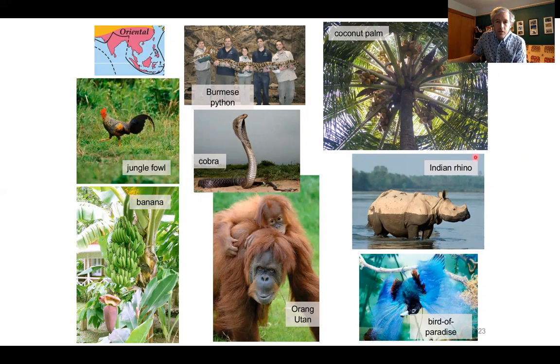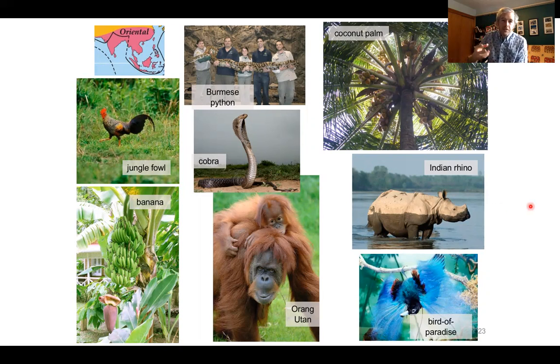The Indian rhino, which is very different to all the species of rhino that you observe on the African plate, and also the very famous birds of paradise. Birds of paradise are an incredibly unique group of birds that exists down here, and they are famous for having these insane feather displays and for also very specific dances and things like that.